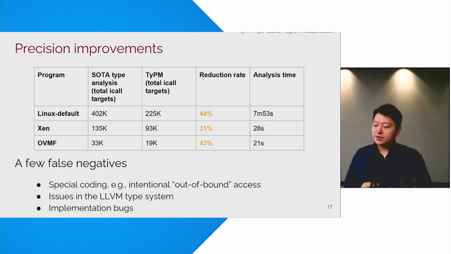We indeed observed some false negatives, but it's not about the approach itself. Causes include some special coding styles in the targeted program. For example, Linux may have intentional out-of-band access. The LLVM type system may have some issues, and of course, TypeN itself has some implementation issues.